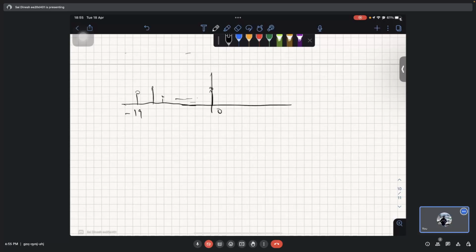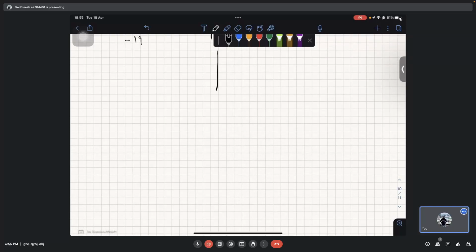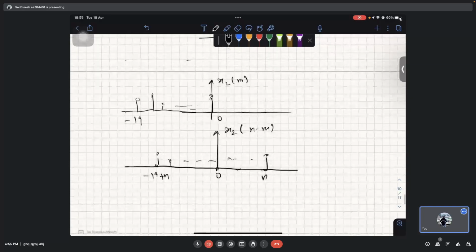m from 0 to minus 19 of x2 of m. If x2 of n minus m means minus 19 plus n, right?